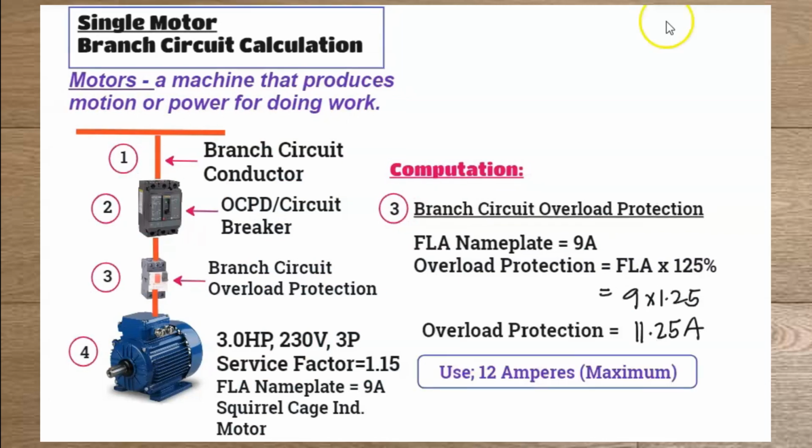So now we can use 12 amperes maximum for the branch circuit overload protection. That's how you size branch circuit overload protection: take the full load amperes from the nameplate and multiply by 125% if your service factor is 1.15.